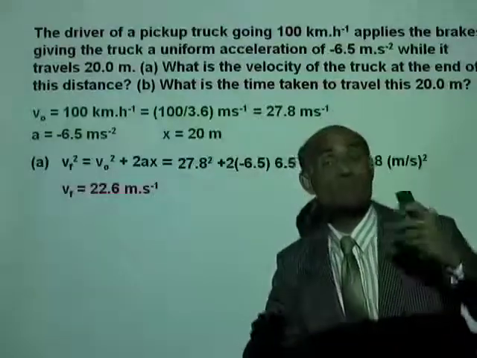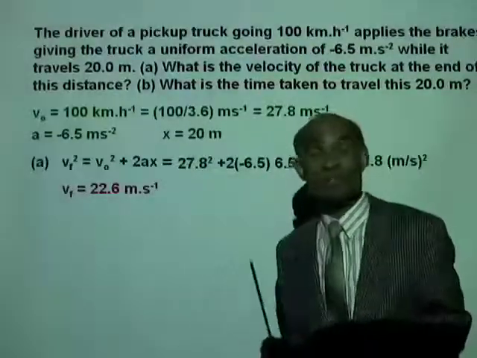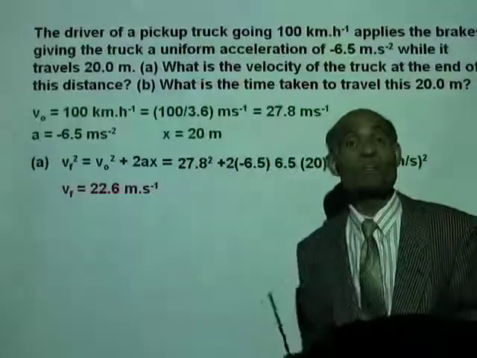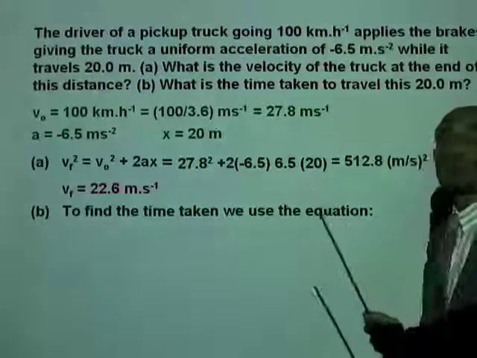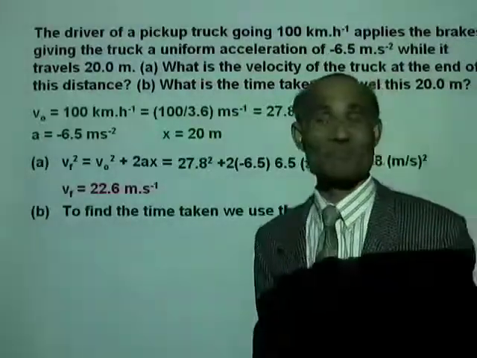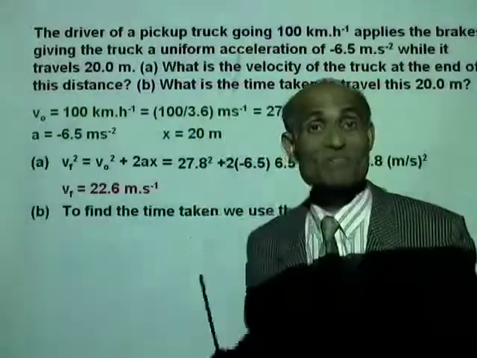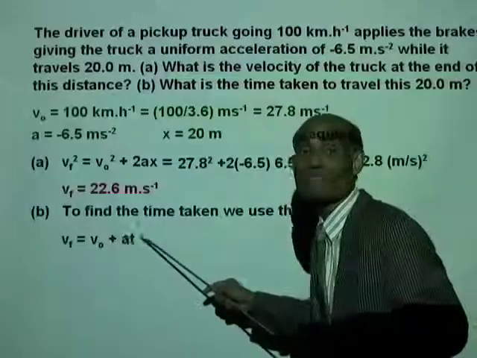Well, this time we are looking for time. We have now all the other quantities, so any of the equations would be enough. Tell me which equation is appropriate for that. You can actually use the first equation. That's the simplest equation. Vf equal to V0 plus at.